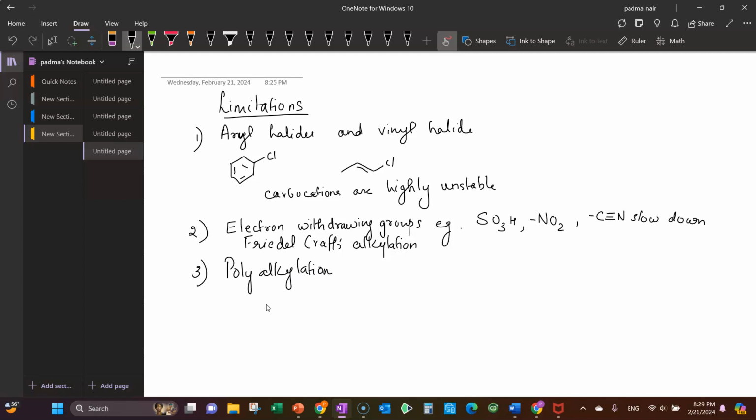That means sometimes when you react with an alkyl halide, for example, you treat it with CH3Cl and AlCl3, these are the reagents you need for alkylation, you not only get a mono-substituted benzene ring, but you can also get poly-substituted benzene rings. That means, say, you can also have another CH3 group substituted at this position. So this is called polyalkylation.